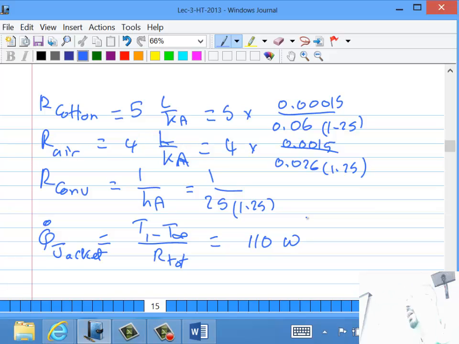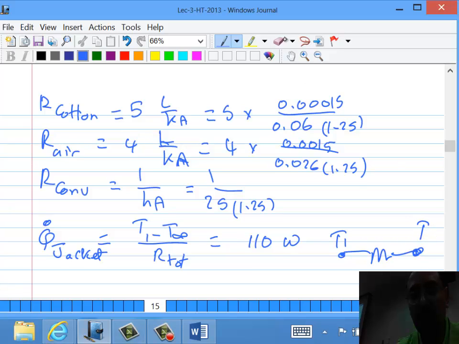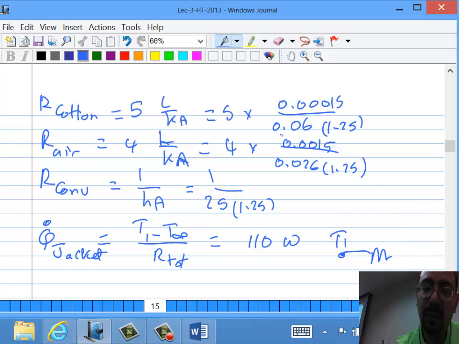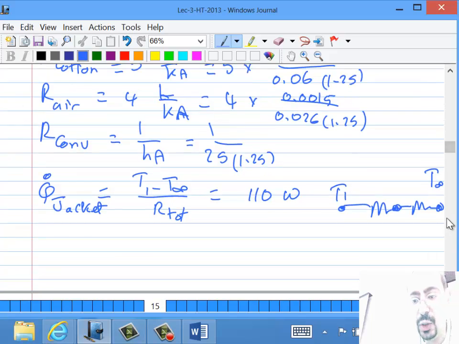So now if we are going to replace this by just one thick layer of wool, the H convection is still the same, 1 over H out area. So this is L over KA wool.